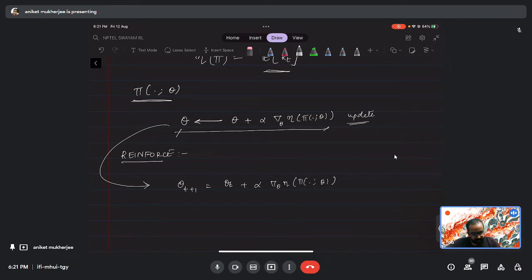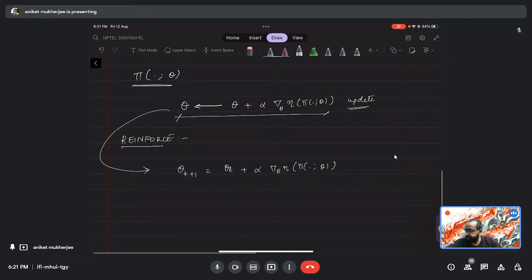And sir did some manipulations here. I think he divided it by something. So this was the batch setting. There was a batch setting and an incremental setting. If you have any doubts, you could ask me.